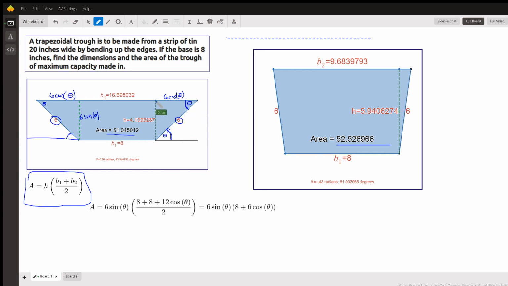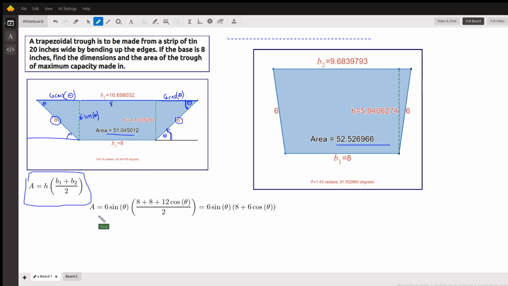So the altitude, the distance between the bases, is 6 sine of theta because the sine of theta is h over the hypotenuse. This little portion of base 2 is 6 cosine of theta, but there's 2 of them. And of course, if we picture these perpendiculars, then this middle section of base 2 is 8.